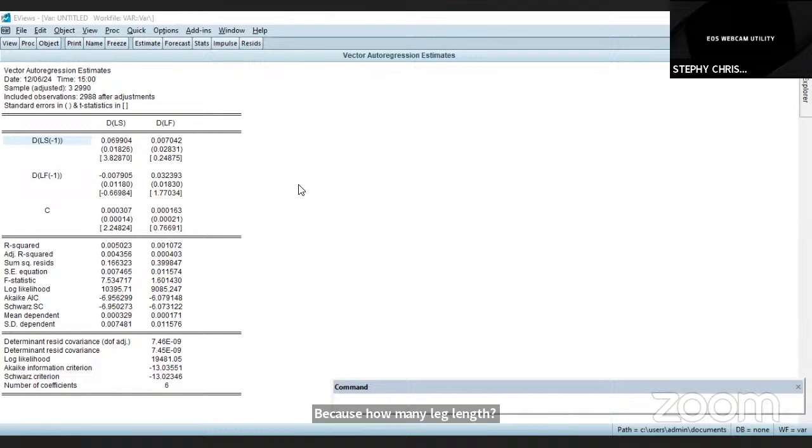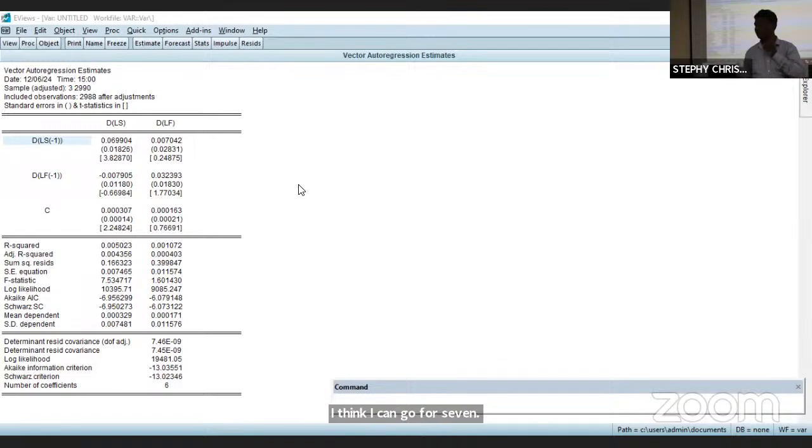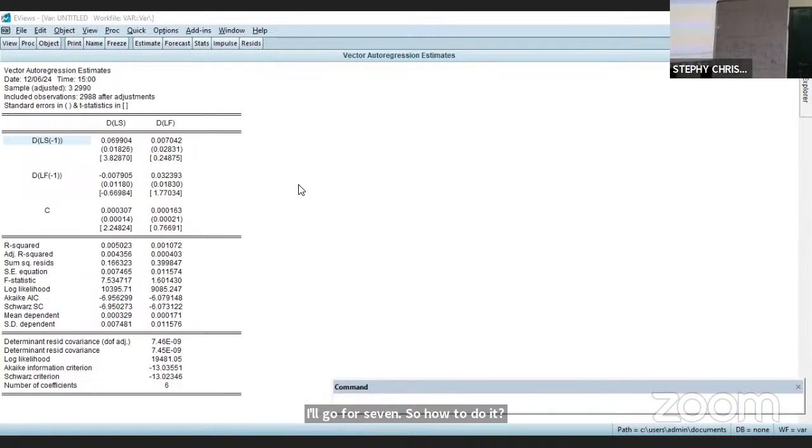I think I can go for 7. Best. Because 3 criteria suggested 7. Can you go for 7? Okay, I'll go for 7. So how to do it? Please go to estimate.